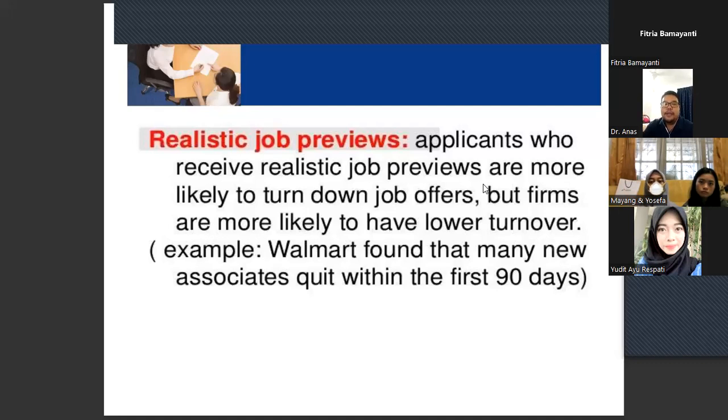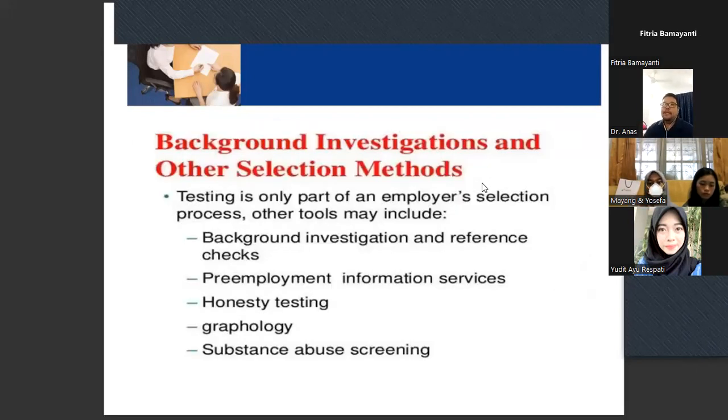So pentadbiran pengurusan, okay, sudah melihat di mana potensi kamu. Okay, so akan mengambil, will choose 2 persons from the 5 candidates. Okay, faham? Clear ya? Okay, so the next slide.